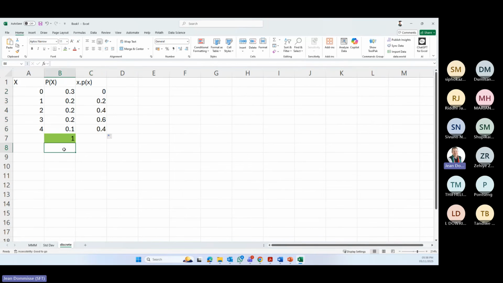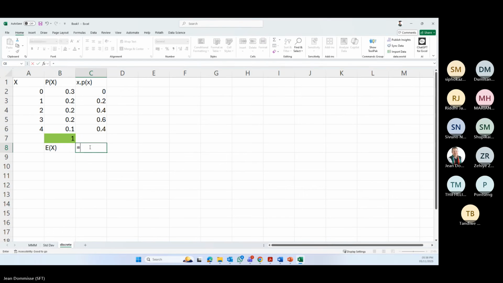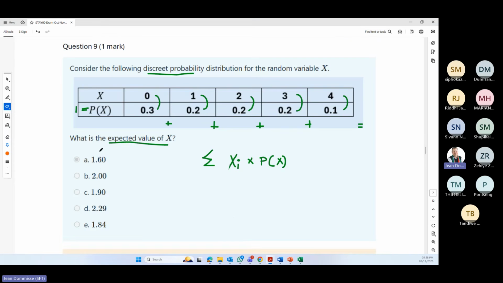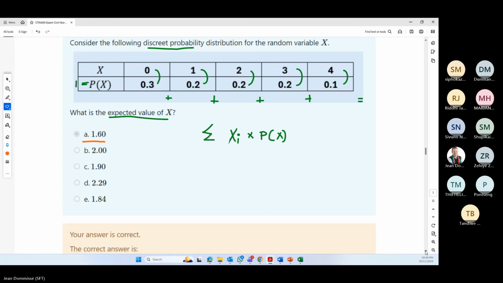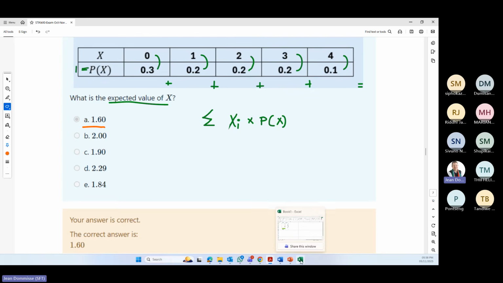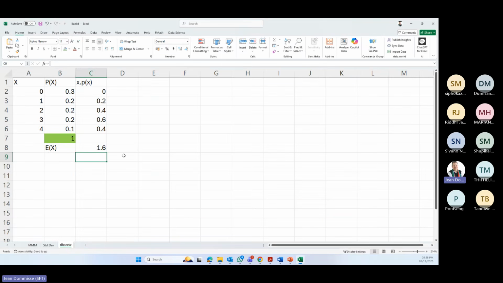And then for all of that, you will need to work out the sum. So it is just the sum of those. Let's just take that one away. The answer is 1.6, and hopefully that is the correct answer.